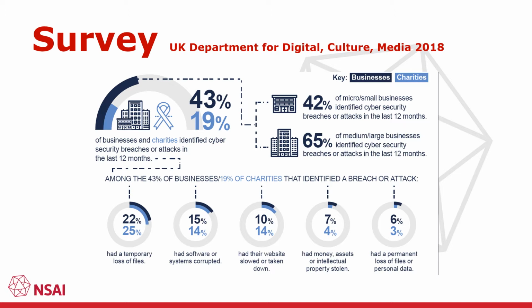The impact to the 43% of businesses is also detailed, with 22% having temporary loss of files, 15% experienced corruption, 10% had websites taken down, and 7% had financial implications, and so on. As you can see, lack of proper information security can have a serious impact on your organization.